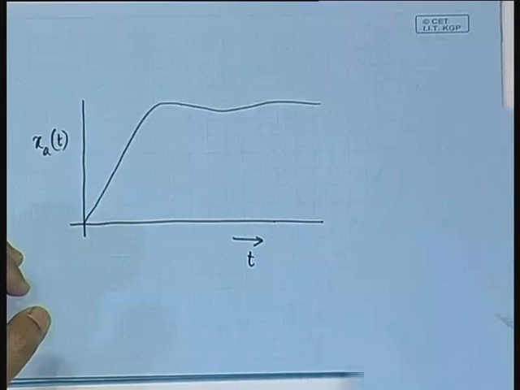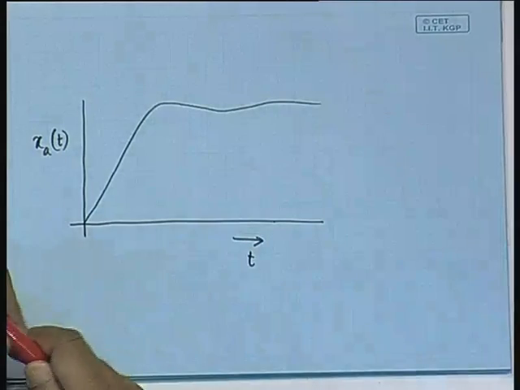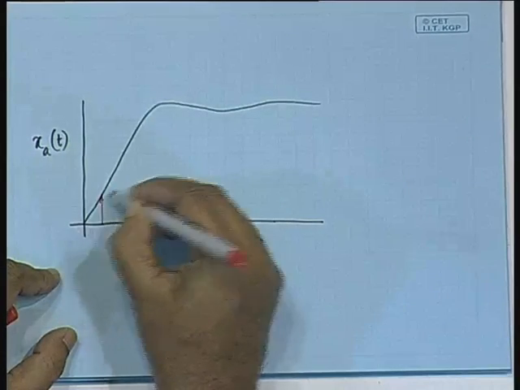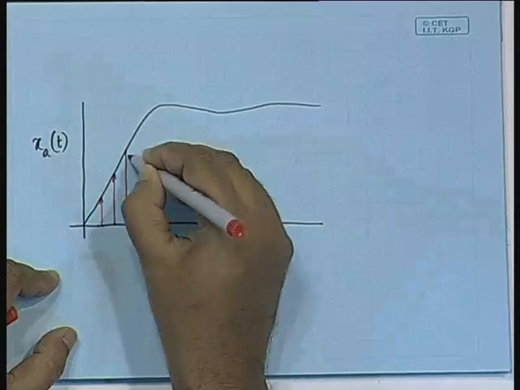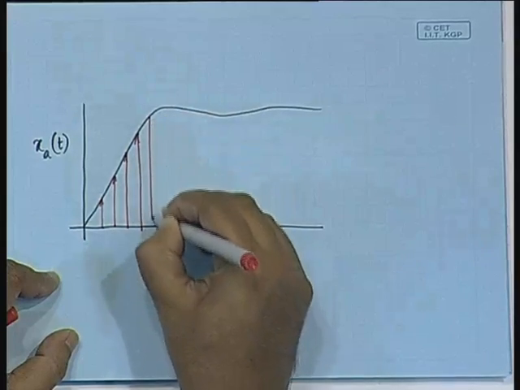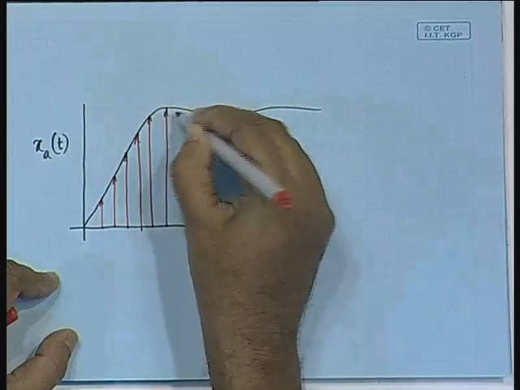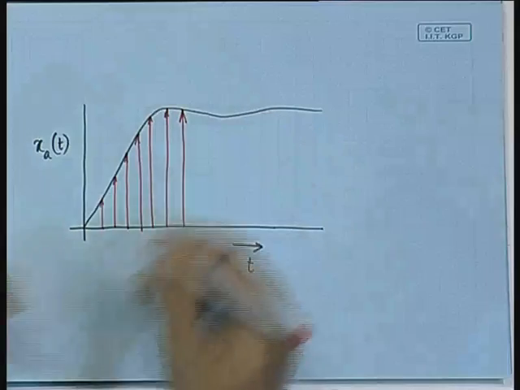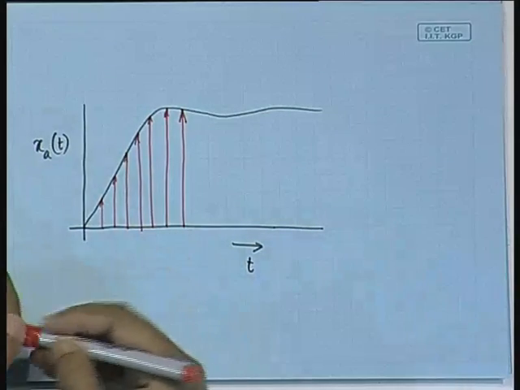Which means that, let us say we are taking samples at some intervals. This is one sample we take, this is the next sample we take. These are the successive samples that we are taking for the analog signal. Now, the first sample is taken over here.